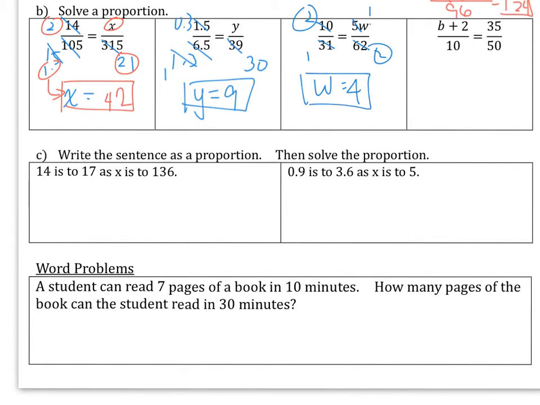And for this one, I could simplify 10 with 50. And then 35 with 5. And now I can cross multiply. 7 times 1 is 7. B plus 2 times 1 is B plus 2. Then B would equal 5.